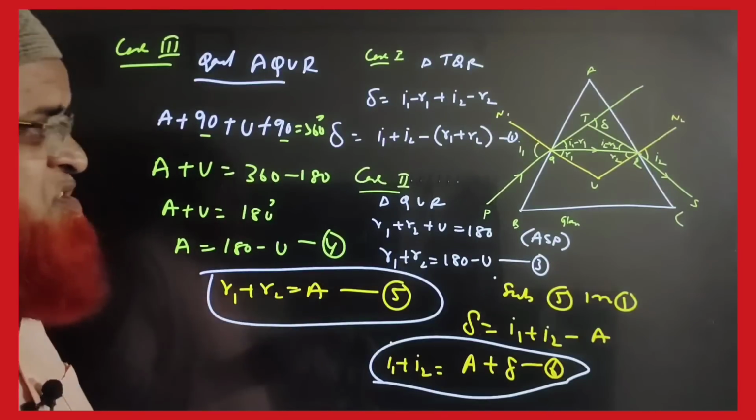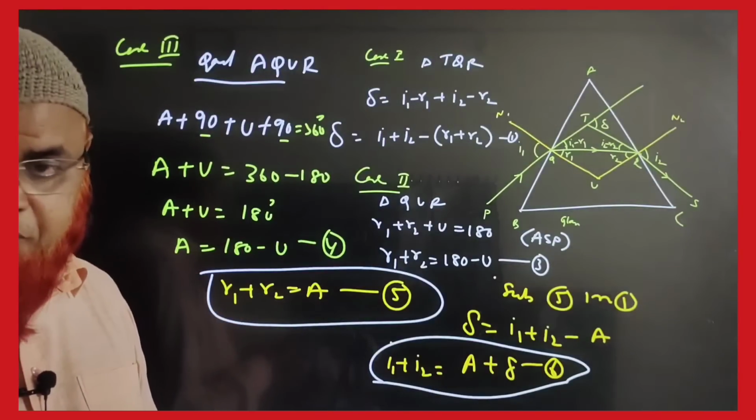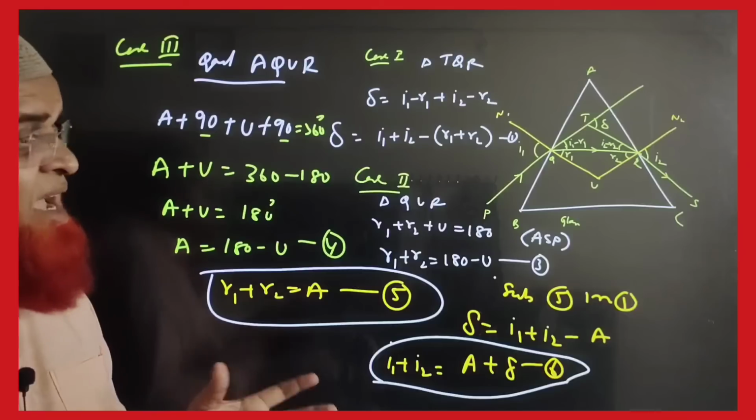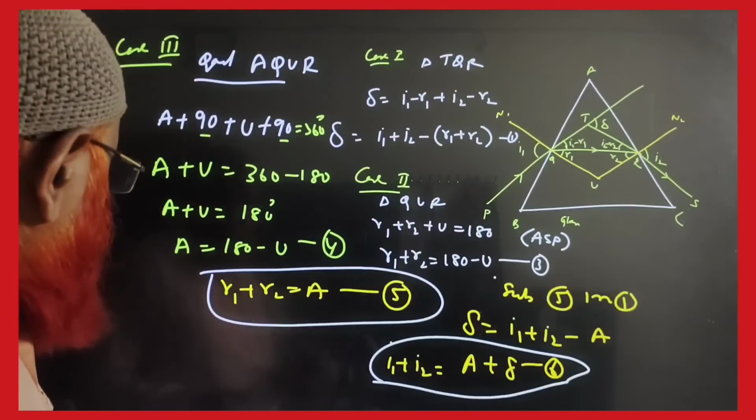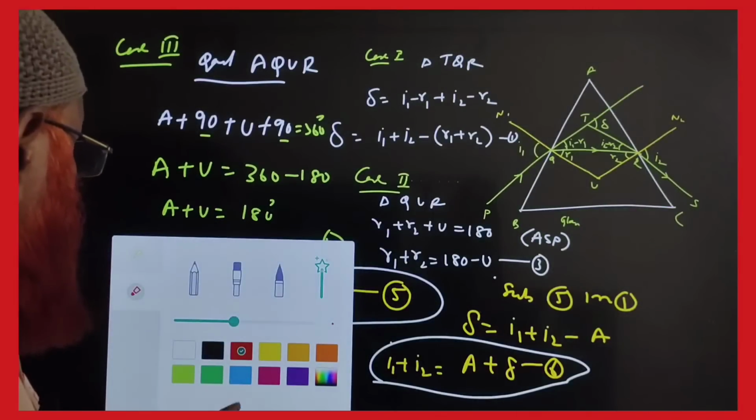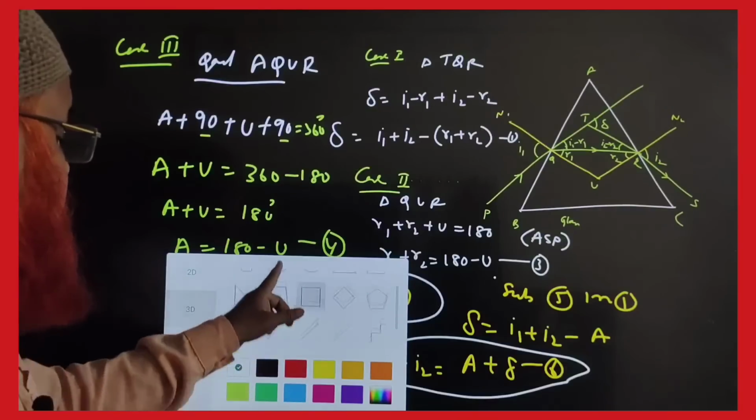Now, there is a condition which is called the angle of minimum deviation. Angle of minimum deviation means symmetry occurs.